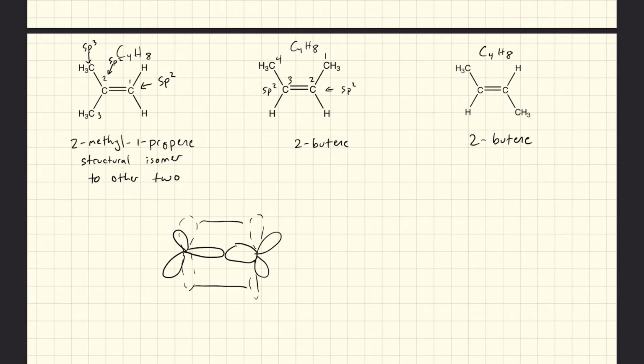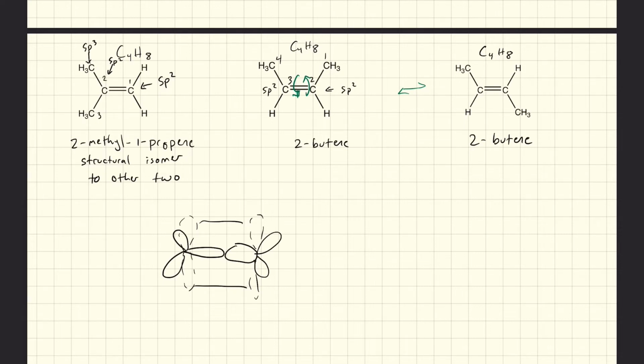Now, the reason that this is important is that this pi bond can't be broken. You can't change the orientation of that pi bond, which means that you cannot rotate this compound about this axis, okay? Which is what you would need to do in order to say that these two are the same compound.